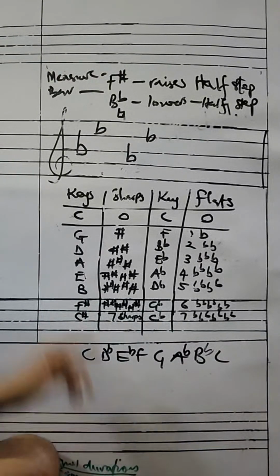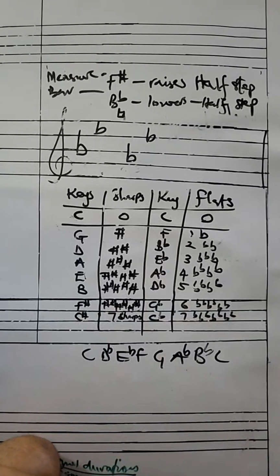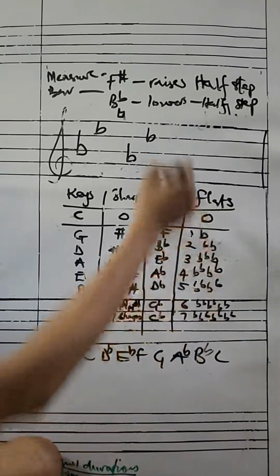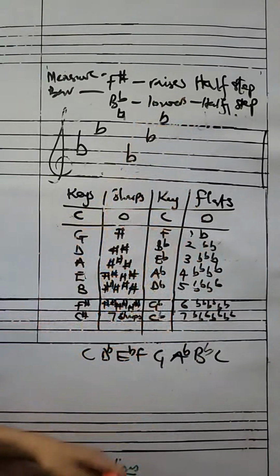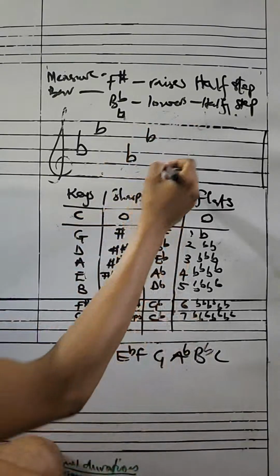D flat now becomes the key that has 5 flats. So from B flat now, I'll count 4 again and add my flats somewhere here. Is that place okay? That place is not really okay. So I'll add my flats here.